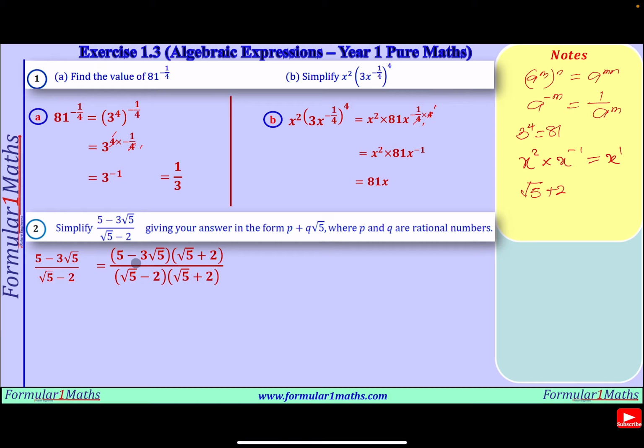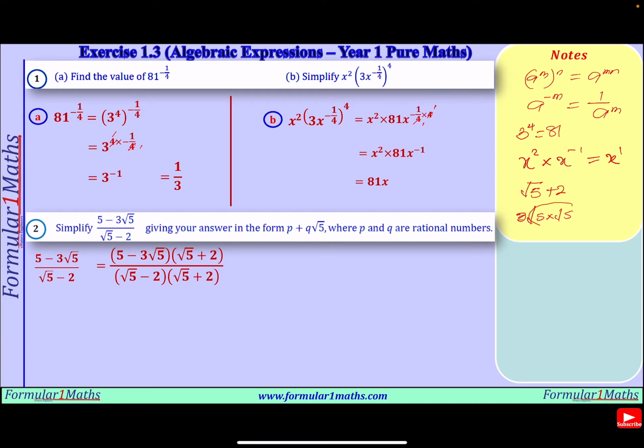So we multiply out. 5 times root 5 is 5 root 5. 5 times 2 is 10. Minus 3 root 5 times root 5.